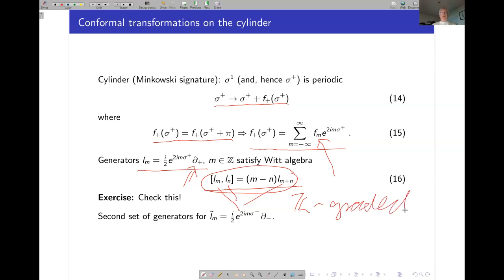Z-graded means the commutator is consistent with these integer labels that we put on the generators. Good. It's a short exercise to verify that this commutator holds. And of course, we have talked about sigma plus, but for sigma minus, I have a similar set of relations. So I have two copies of this Witt algebra. And this is my Lie algebra of infinitesimal conformal transformations on the Minkowski cylinder.